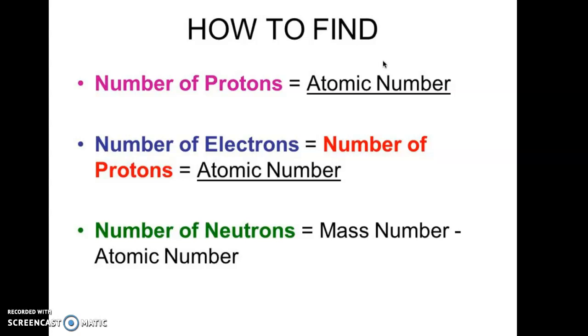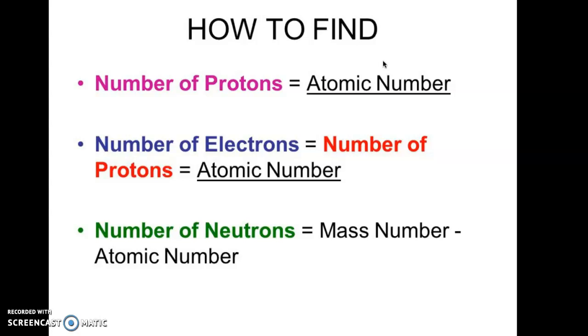That means that in the nucleus of its atom, it has just 1 proton. In contrast, helium's atomic number is 2. That means that it has 2 protons in the nucleus of the atom.